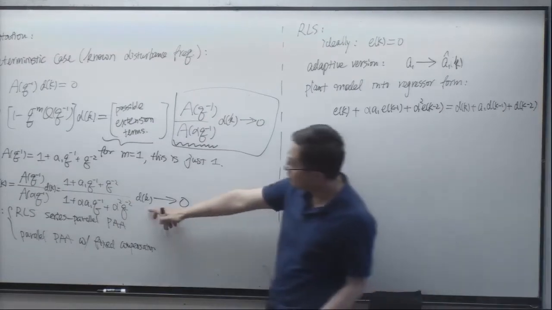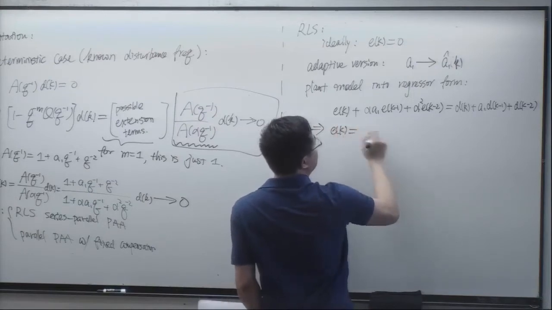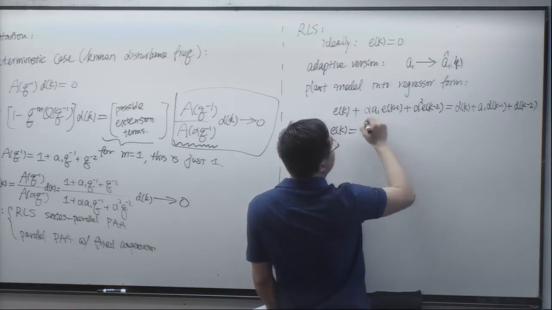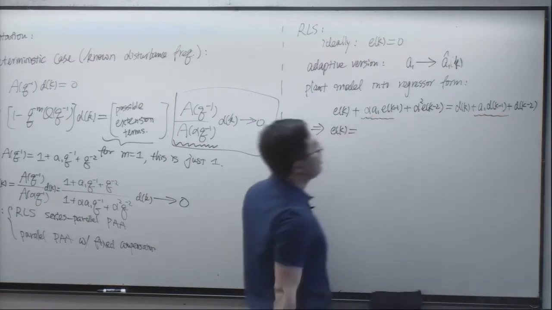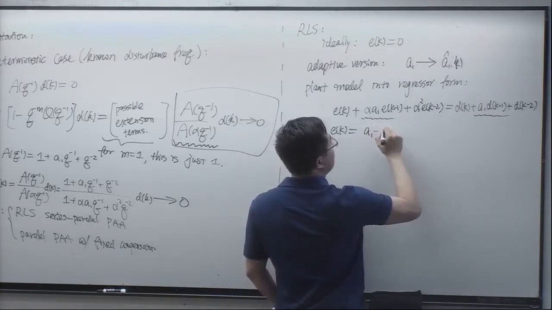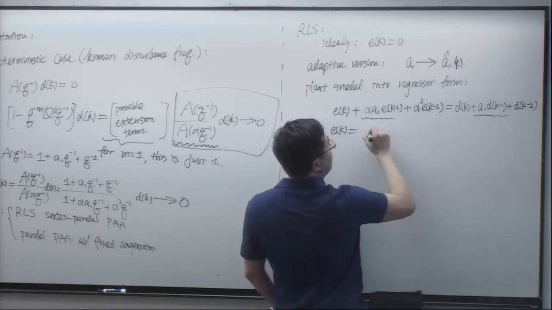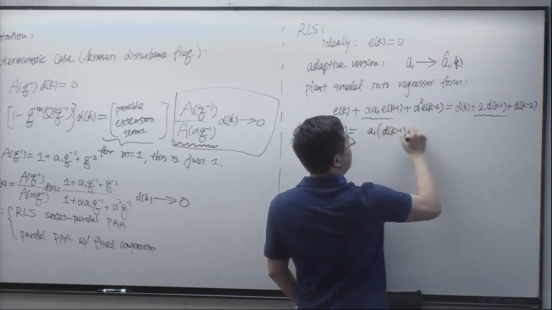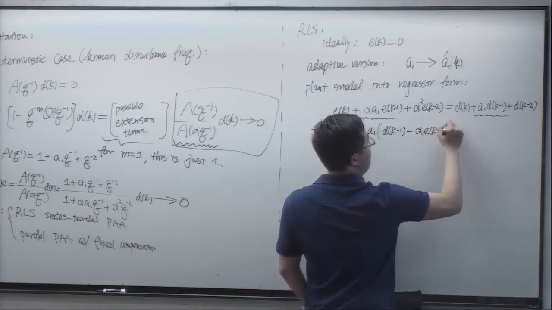That's the model here. And it is equivalent to, therefore, by changing terms a little bit, we are going to have this term contains a1, this term contains a1. So it's a1 minus alpha a1. Actually, it's a1 times dk minus 1 minus alpha ek minus 1.